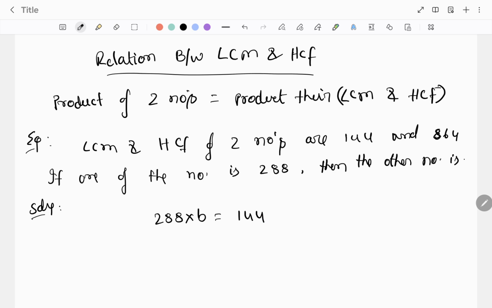Actually LCM should be greater than HCF, so I will change this to HCF and LCM, because HCF must be less than or a factor of LCM. Okay, 144 into 864 divided by 288: 144 ones, 144 twos, 2 ones, 432. So the other number is 432.